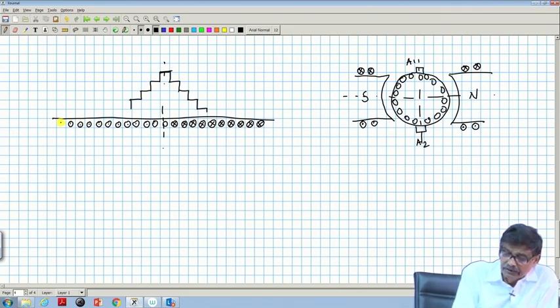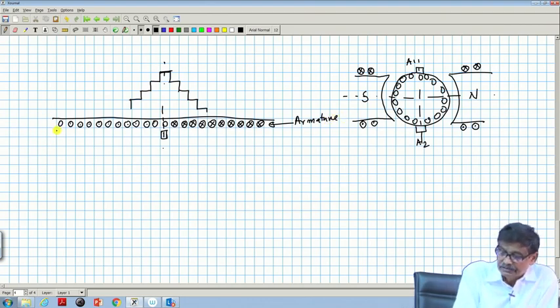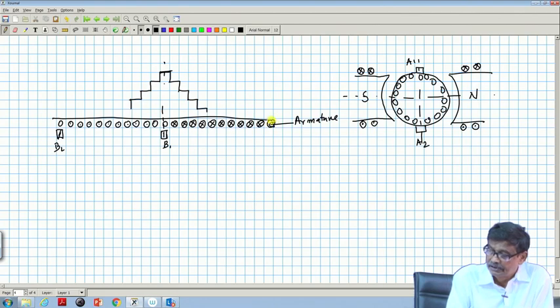Mind you, here the brush axes are there, this is the armature coil, armature. These are the brush positions, which are 180 degrees apart, B1, B2. Similarly here there will be one brush in the DC machine. It is consistent because the resultant MMF will be along this line.